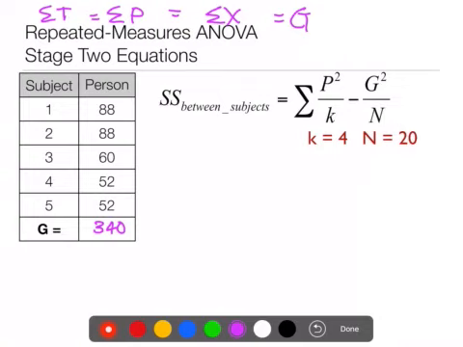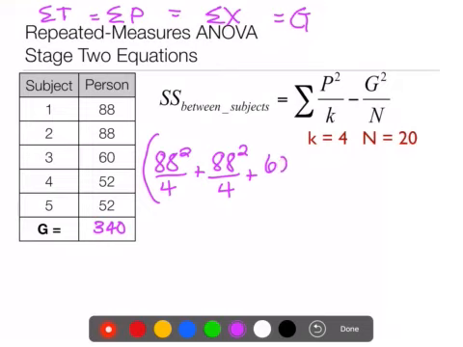Remember, this between subjects formula is going to work just like that between treatments formula did. So we'll take 88 squared divided by 4, plus 88 squared divided by 4, plus 60 squared divided by 4, plus 52 squared divided by 4, plus 52 squared divided by 4.